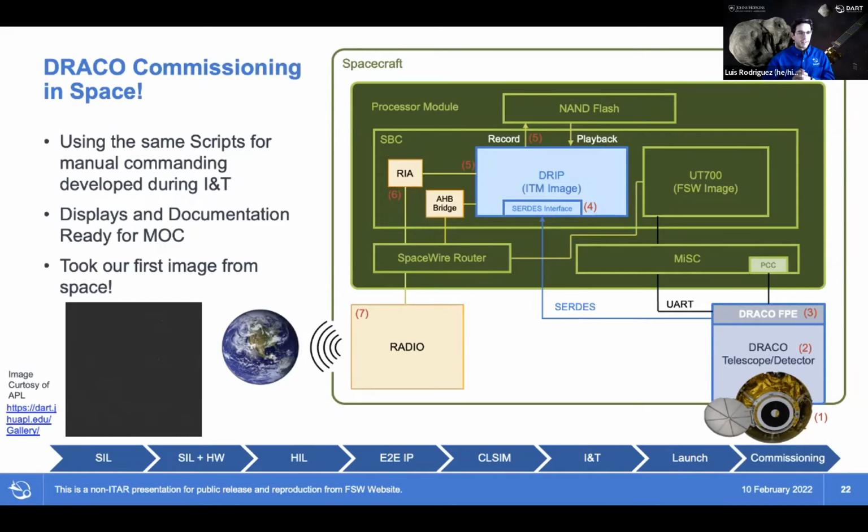And this diagram at this point, I've gone over it 1,000 times, so it becomes very familiar. But now we're in space, and I tried to trick you. It's the same exact diagram, but if you look at the top left corner of that image, it no longer says testbed. Now we're sitting on the spacecraft, and we're actually downlinking images from space.